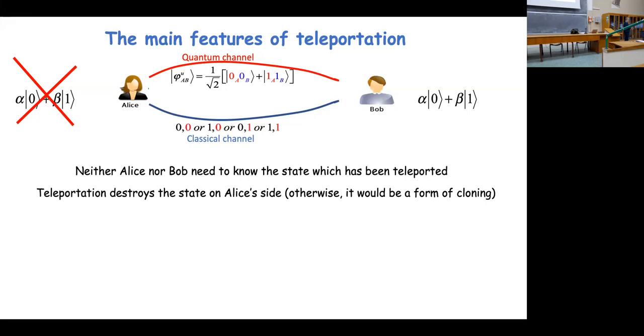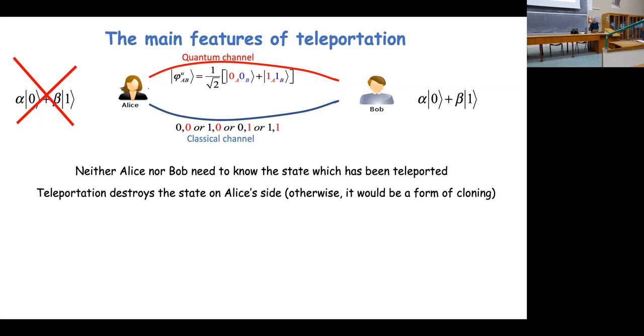And this is consistent with quantum physics because if the initial state was still there, you would have a copy and you would have cloned. If you keep the first state and you have a copy at Bob's end, you have duplicated the quantum state, which is impossible. So this respects the no cloning theorem.